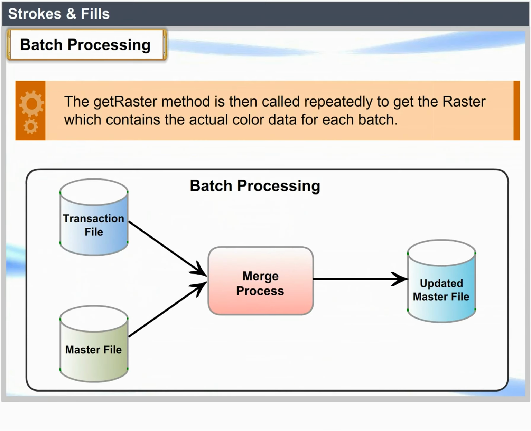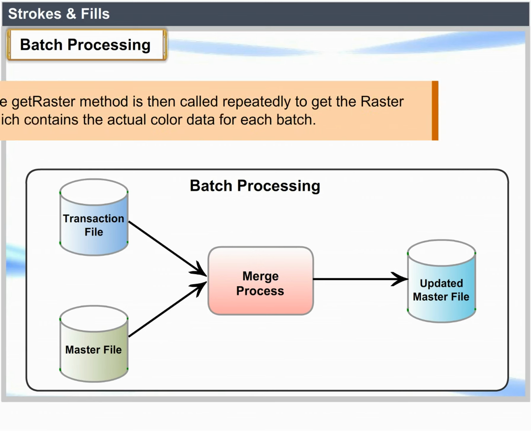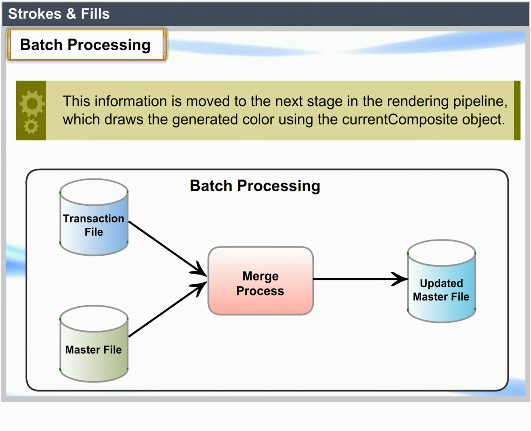The getRaster method is then called repeatedly to get the raster which contains the actual color data for each batch. This information is moved to the next stage in the rendering pipeline, which draws the generated color using the current composite object.